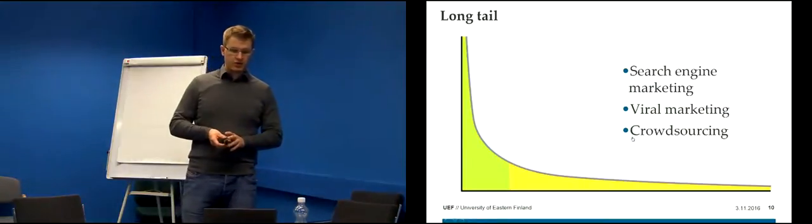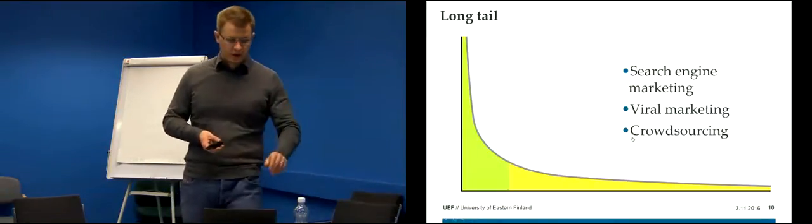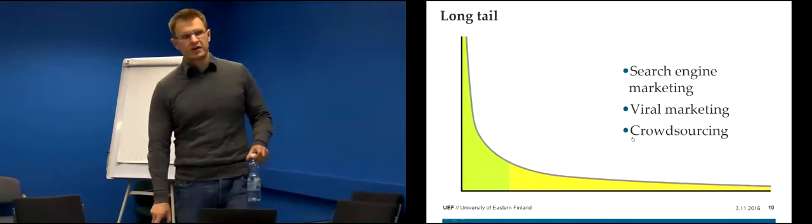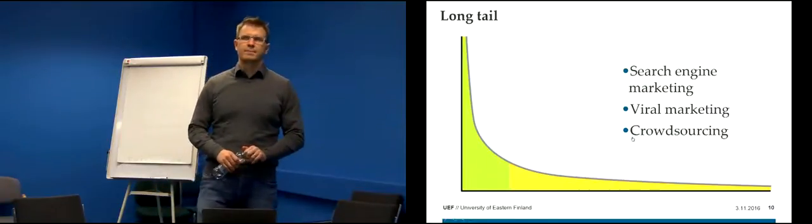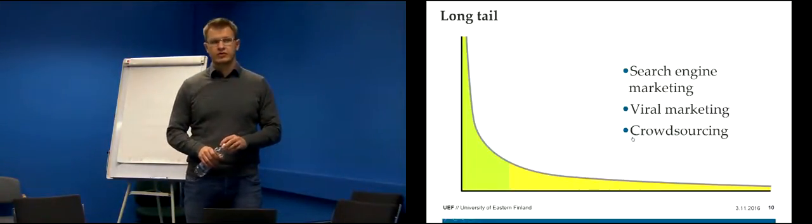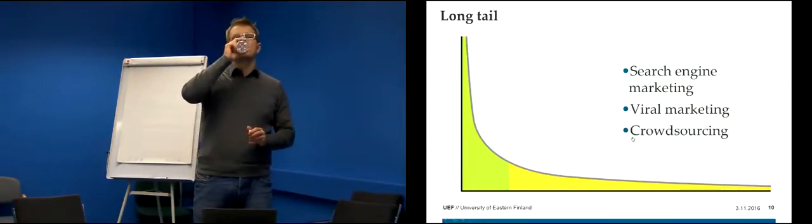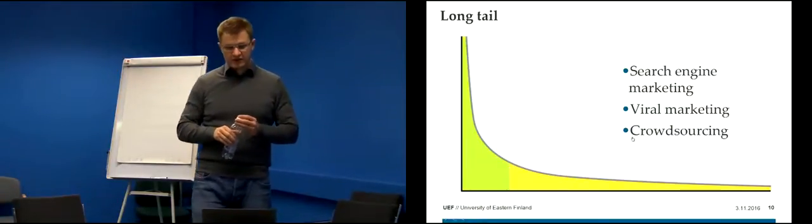Long tail is a concept that you will encounter probably quite a lot, especially in search engine marketing, viral marketing, and crowdsourcing. It's really useful to understand this kind of thinking. And it goes like this.